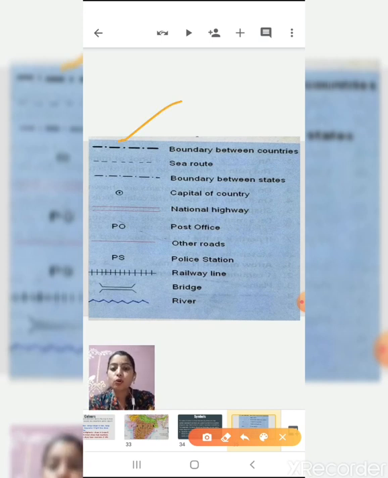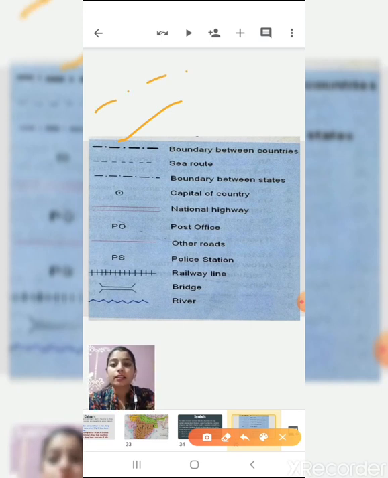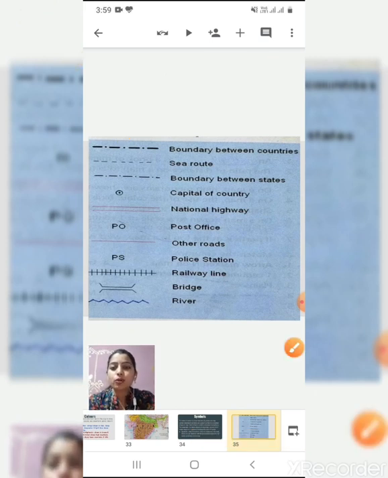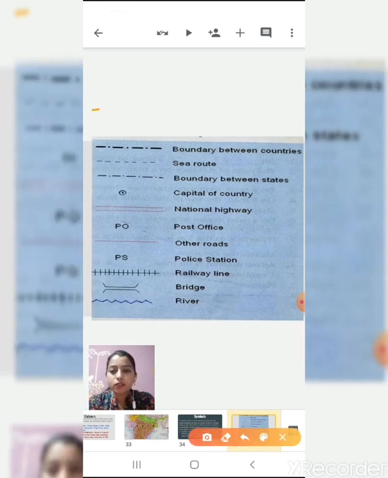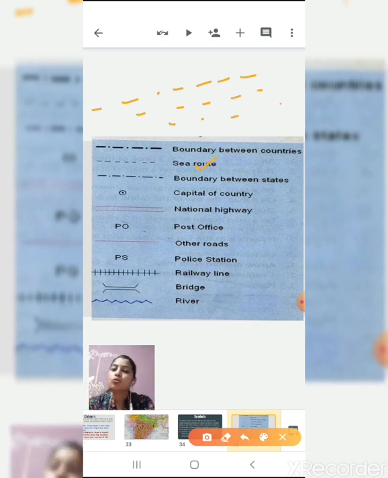The boundary which comes between two countries is shown by this type. Second, to show the sea route, we always draw water like this. So this symbol is used to show the sea routes.